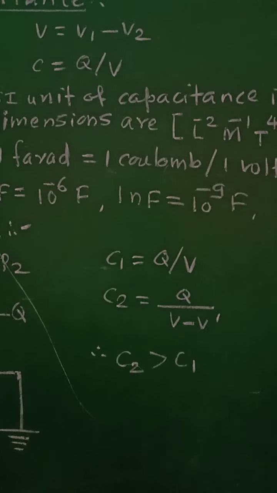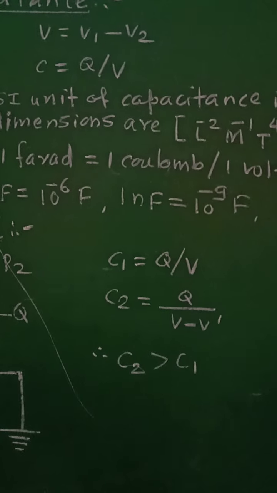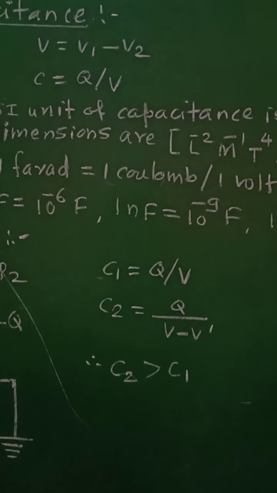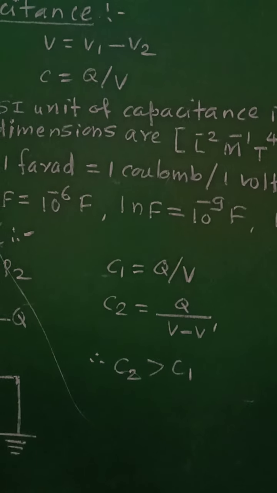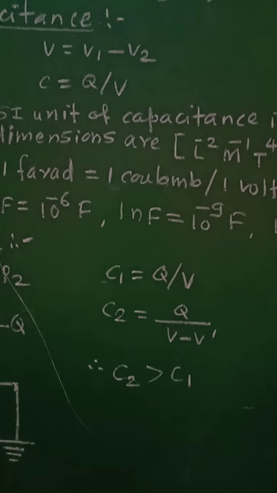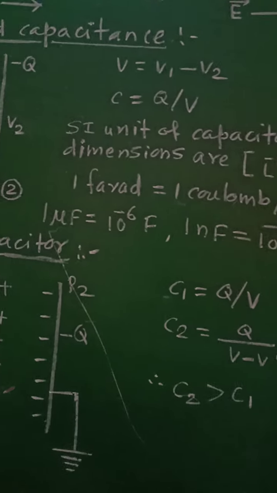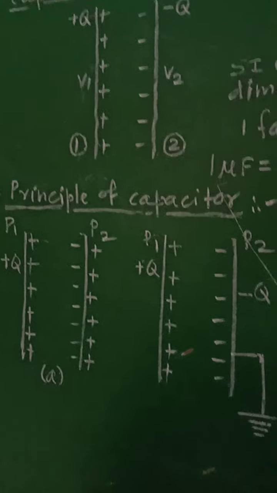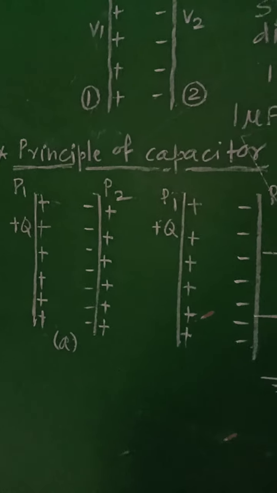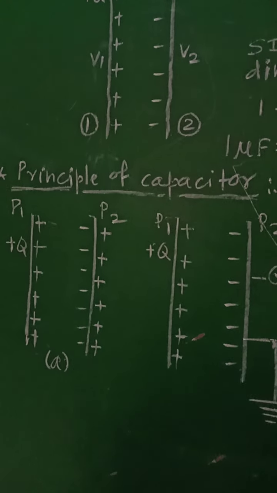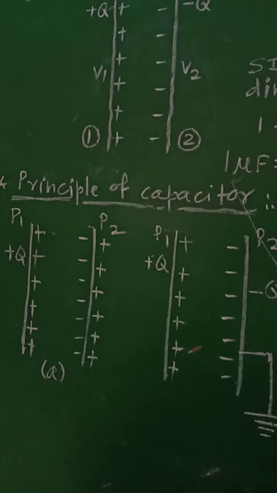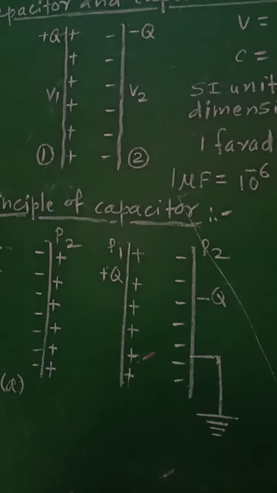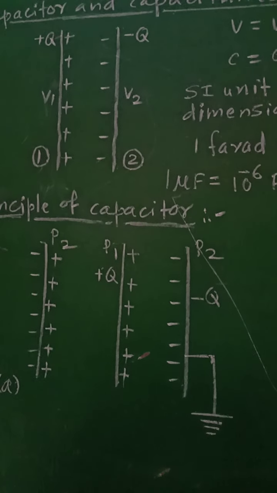Now consider another plate P2, which is insulated and kept near the plate P1. By induction, negative charge is produced on the inner surface of this plate P2. On the inner surface, minus Q charge is induced, and an equal positive charge develops on the outer face of the plate P2.